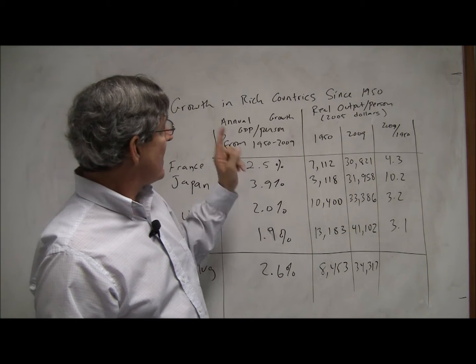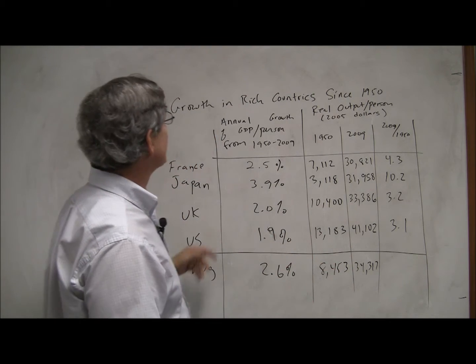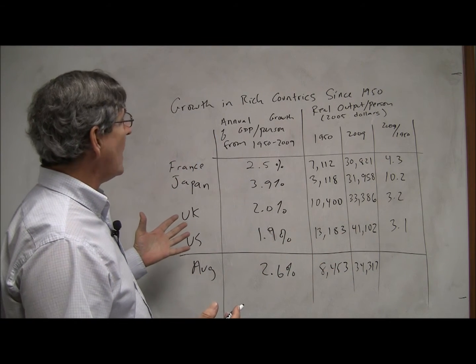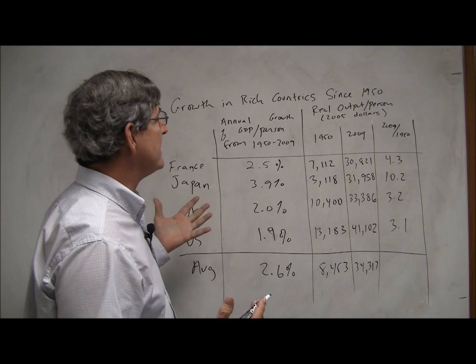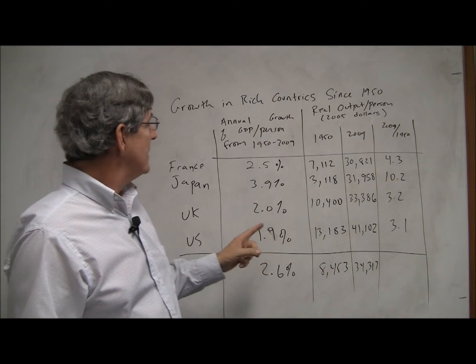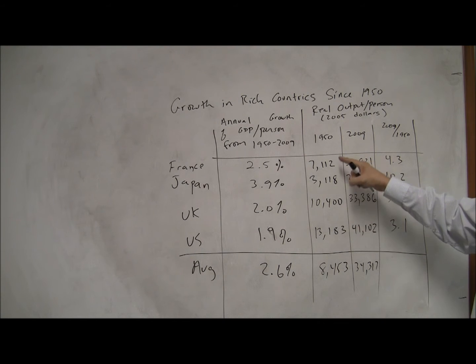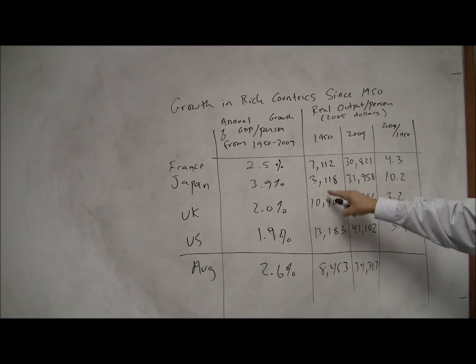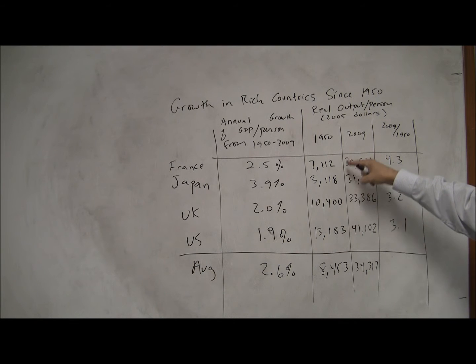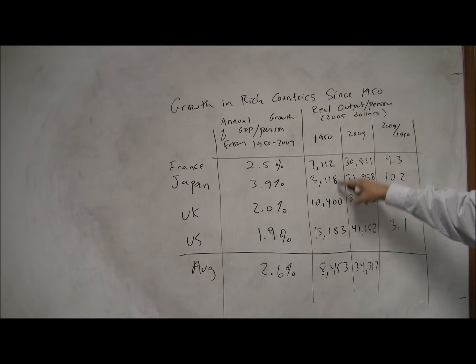So that's the first thing to note. Lots of growth. High rates of growth. Think of China. Now, the other thing to notice is we start out very unequal, 13 to 3. That's about a four-fold difference, right? Even 7 to 13, that's almost 2 times as much.